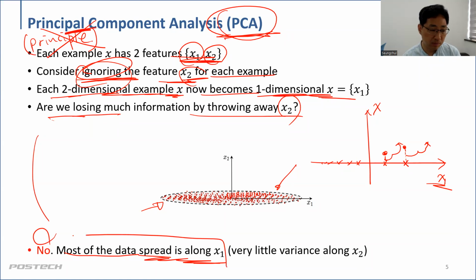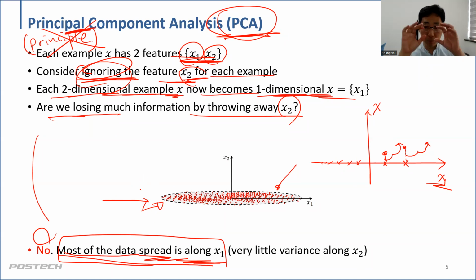In other words, in the field of statistics, we would say the original data set along the x of 1 axis has high variance, as opposed to the x of 2 axis, which has very little variance.